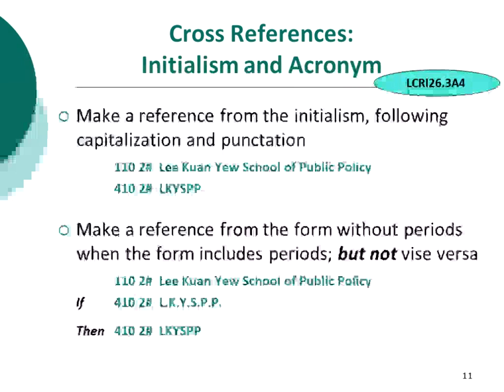So here's the example. Let's look at the example here. I think that better explains what the rule is about. We have a 110.2 here for the corporate name. And we have a 410.2 here with an initialism with the period.